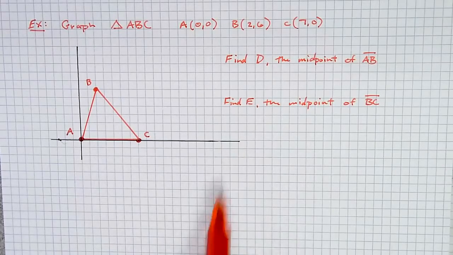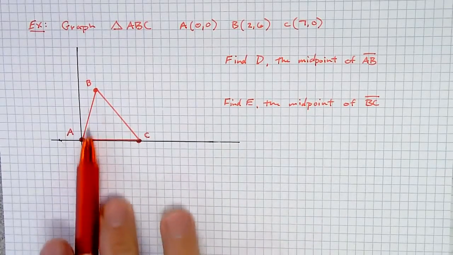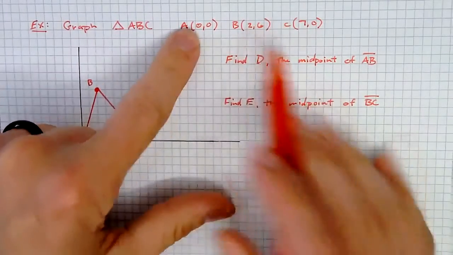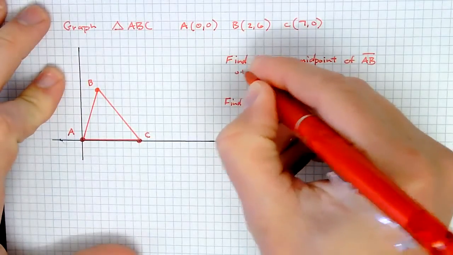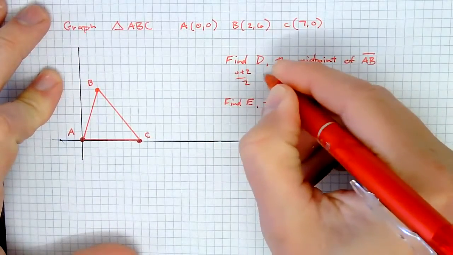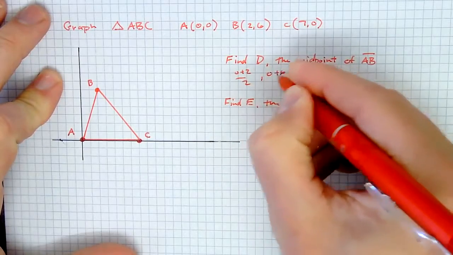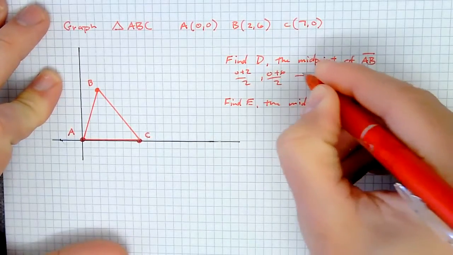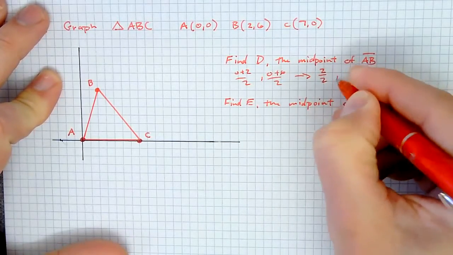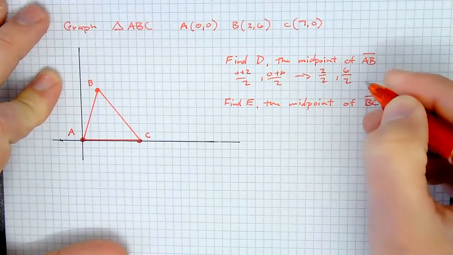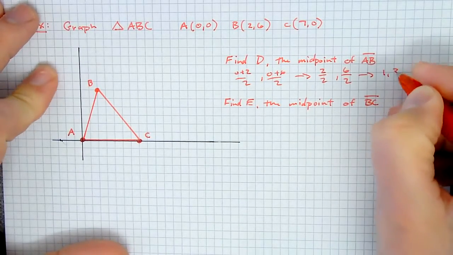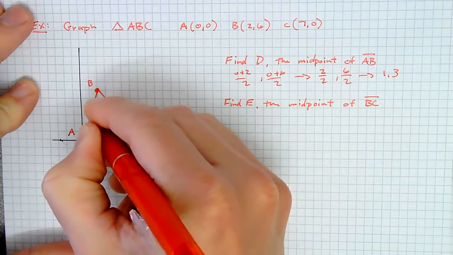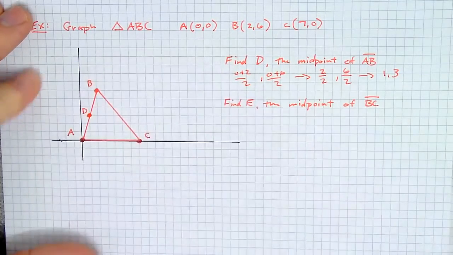All right, so to find D, find the midpoint of AB. So we got 0 plus 2 over 2 and 0 plus 6 over 2, which gives us 2 over 2 and 6 over 2, which just gives us (1, 3). Going right here, pretty easy.